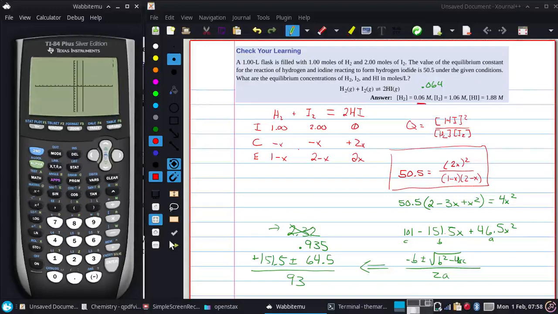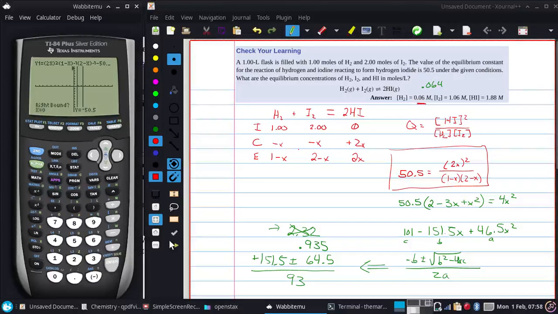And I don't necessarily care about the graph, but where it crosses 0 is important. Now technically I know one of them is probably the 0.9 and the other one's around 2, but I want to know exactly where it is, so I'm going to calculate the zero. Now on this you can calculate both zeros, but I only really care about one of them. I know my x that I care about is larger than 0, so I'm going to set my left bound at 0.